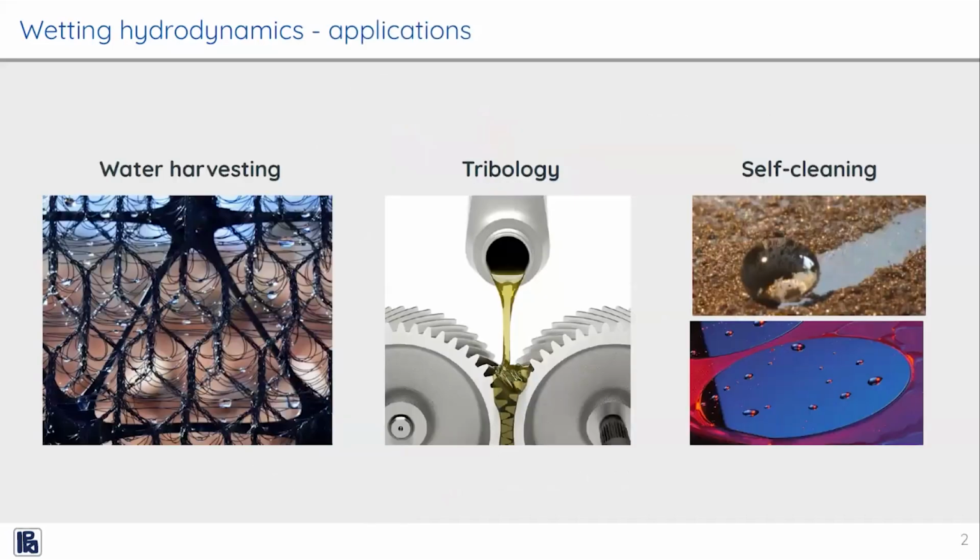Now, I need to convince you why we need to care about droplets. There are a few applications, for example, water harvesting in dry regions. We have water condensing on these giant nets. Tribology applications, where we add lubricants between mechanical components to avoid friction, so we talk about the texture of the surfaces of the components.